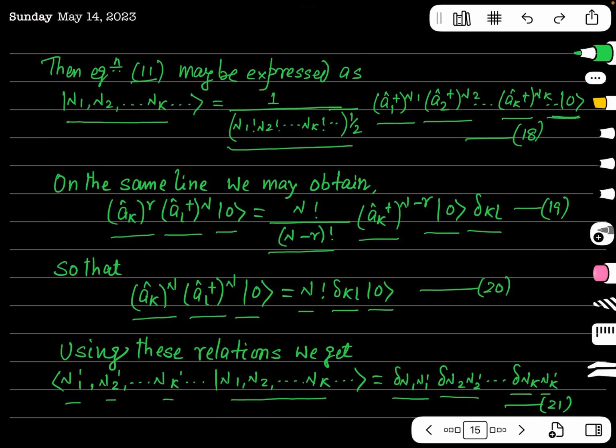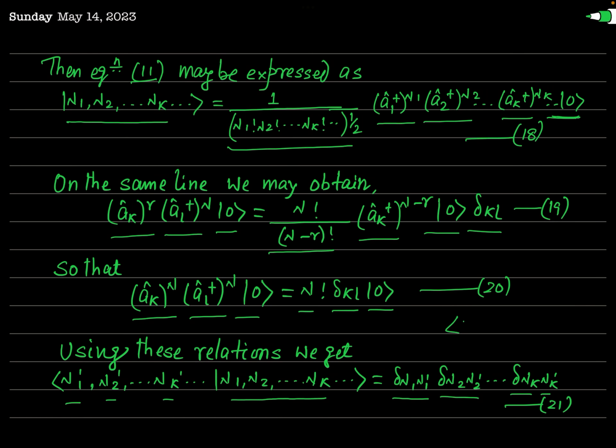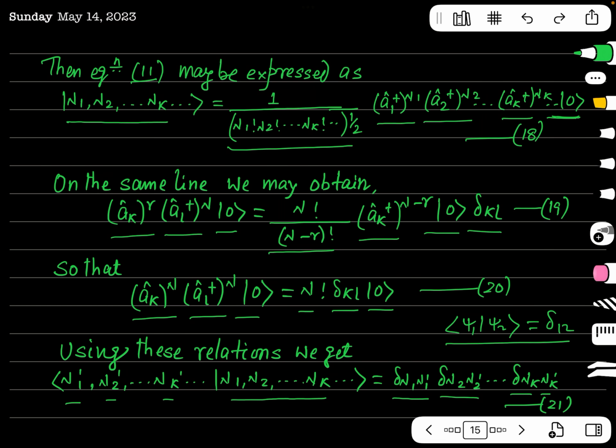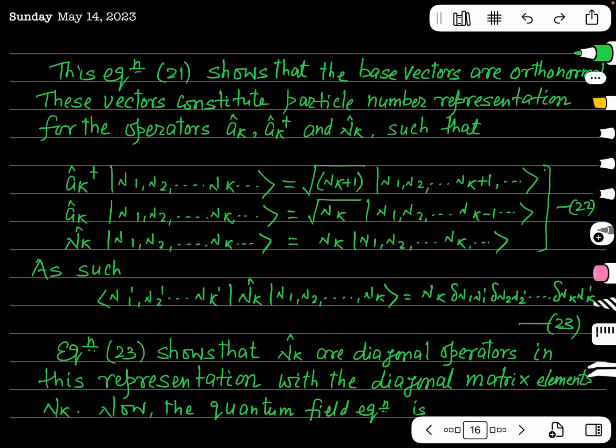You know that if the scalar product of two eigenvectors psi1 and psi2 is equal to delta 1 2, then you say that the eigenvectors are orthonormal, and so equation 21 shows that the base vectors are orthonormal.